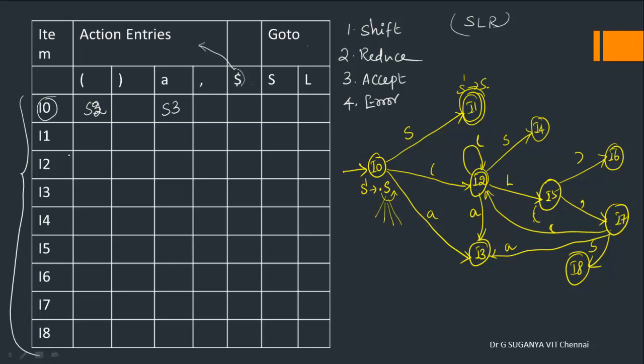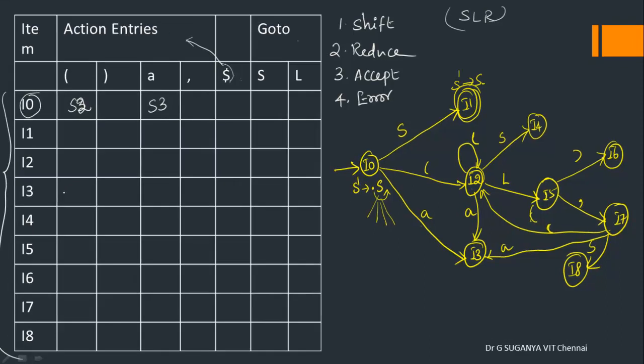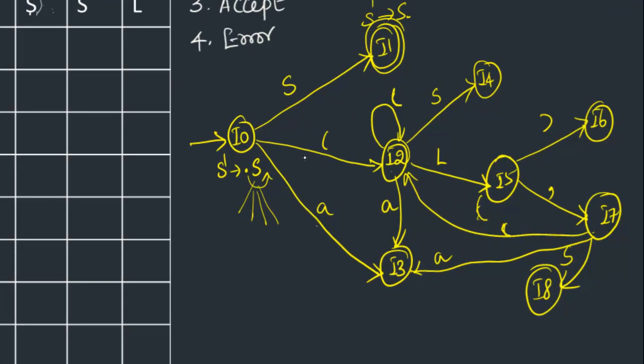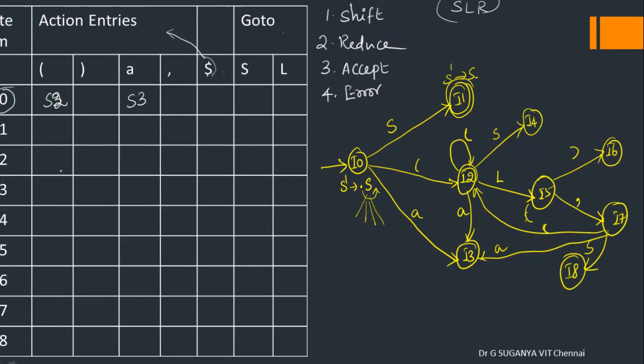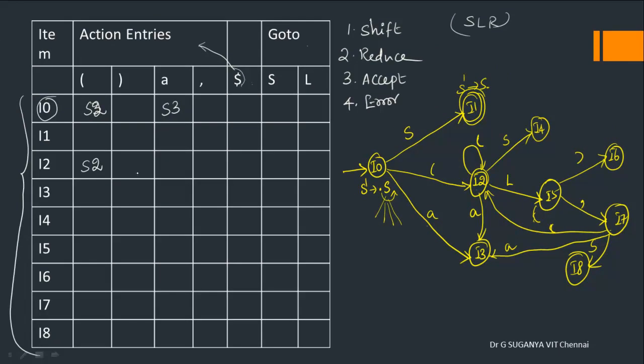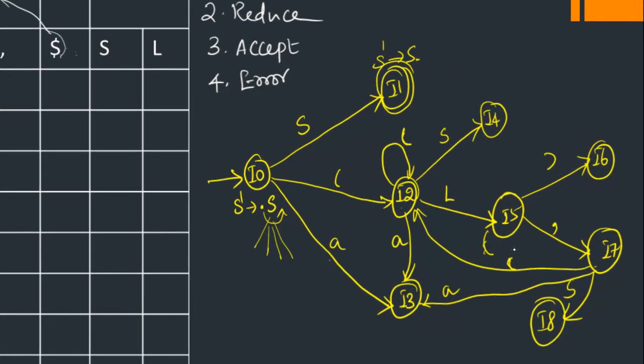Right? Now from I1 we don't have any outgoing edge. From I2, yes, there is a transition on left bracket to its same state. So it will be S2. And from I2, the next outgoing edge is on A. So hence it is S3. Now from I3, no outgoing edge, only incoming edges.